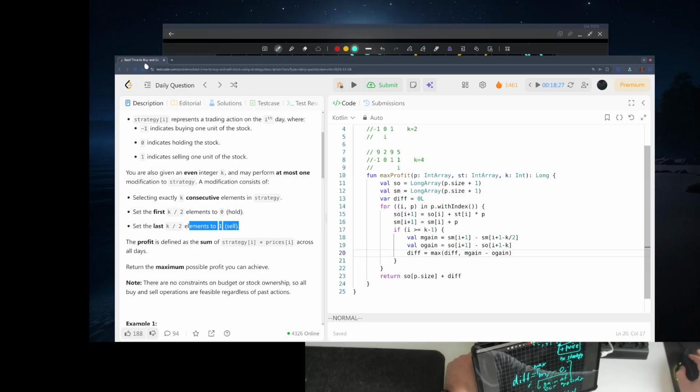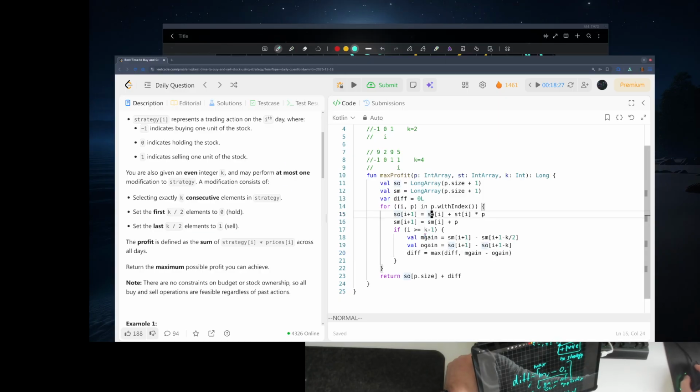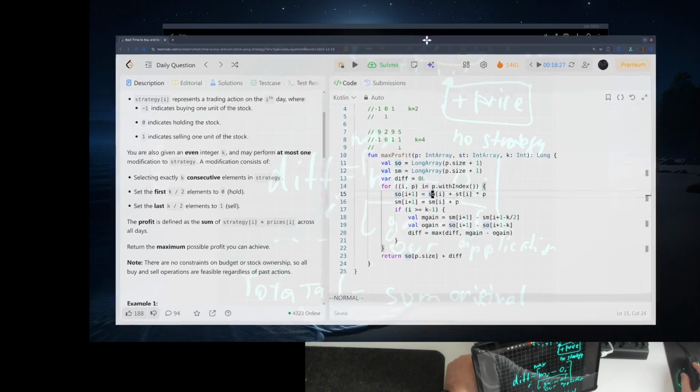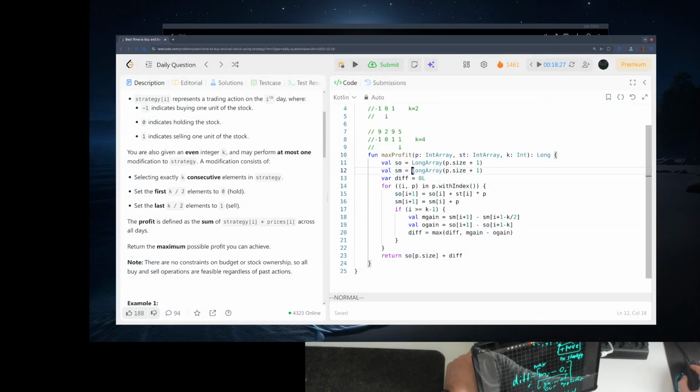Let's look at the code, and this is the code that I wrote the first time. It uses n space complexity and n time complexity. I just wanted to make it very simple and explicit to simplify my thinking. So I have a prefix sum of originals, and this is a prefix sum of modifieds.